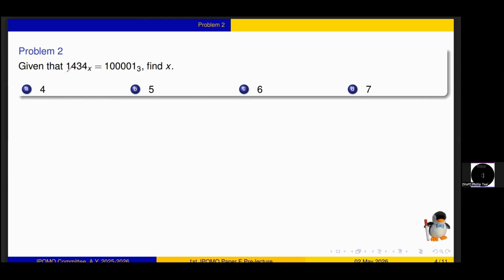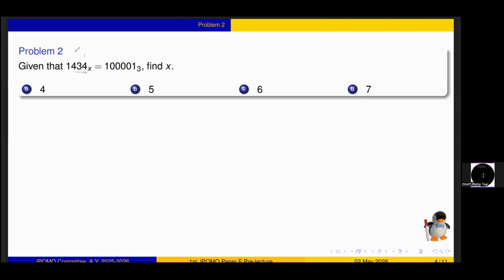So here, let's try to convert 1434 base x into something we can actually handle. The definition of base is like this: this digit is in the ones place.